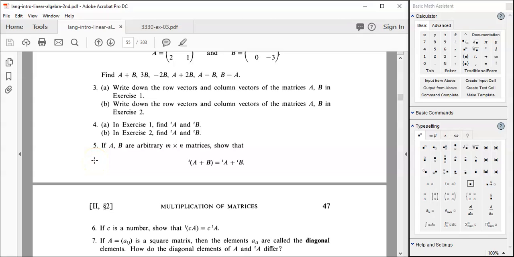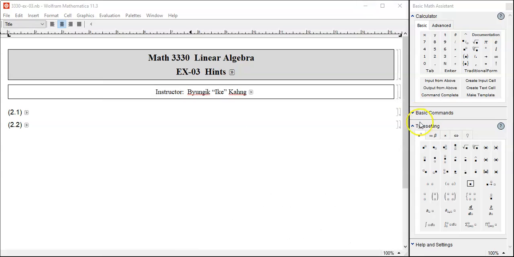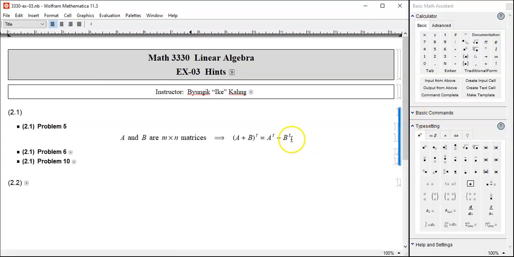Let A and B be arbitrary n by n matrices. Show that the transpose of the sum is the sum of the transpose matrices. Let's go to my notebook and talk about it. By the way, in my notebook, I'm using transpose notation like this.